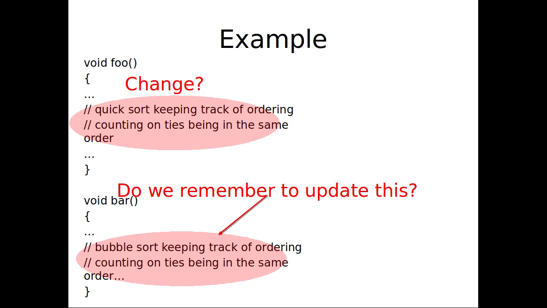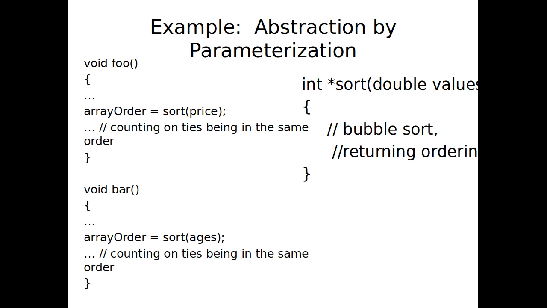This is like a best case. We just need to go find all the cases where this is used. But there might be other places where it is used in less obvious ways, maybe through reflection or other things, and we might not remember to update it properly. So, through abstraction by parameterization, we might hive off a method.